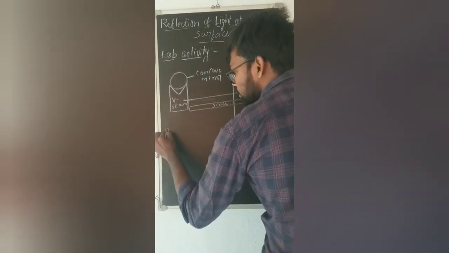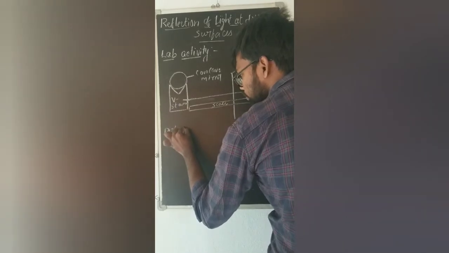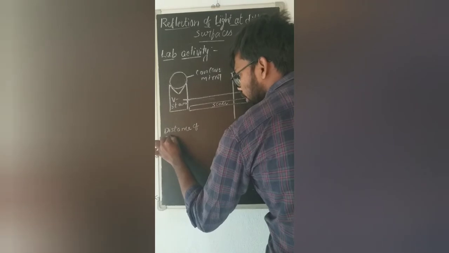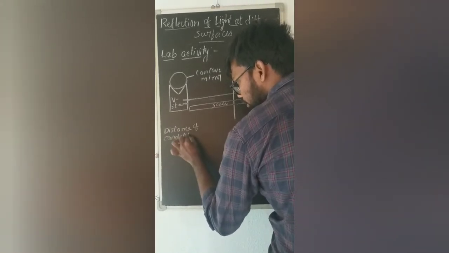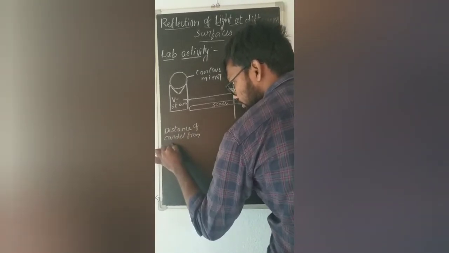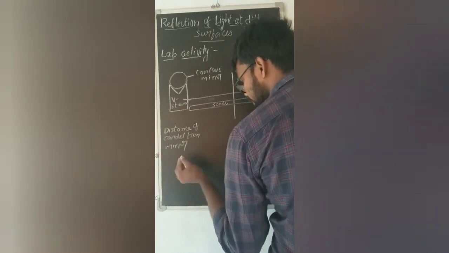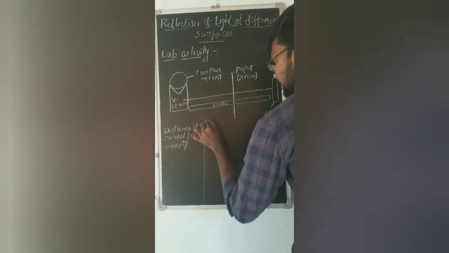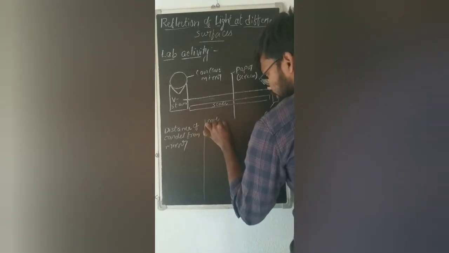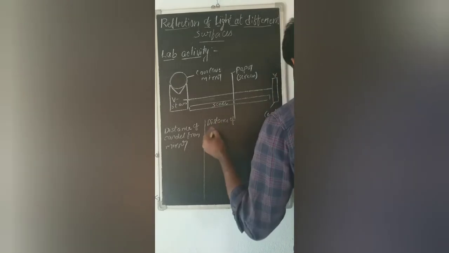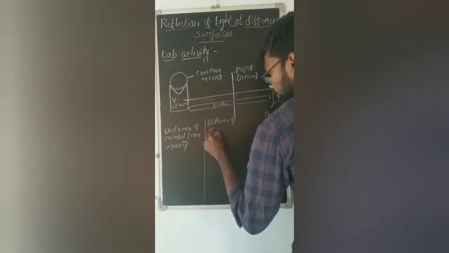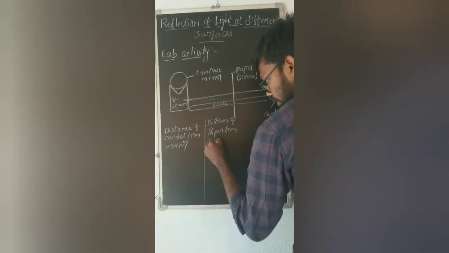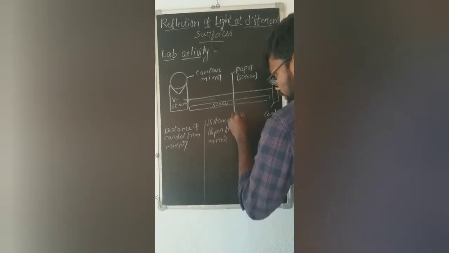Table form is distance of candle from mirror, distance of paper from mirror.